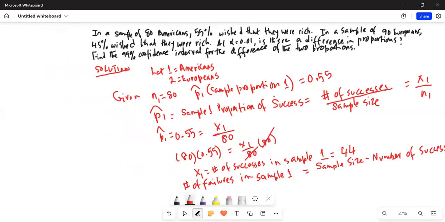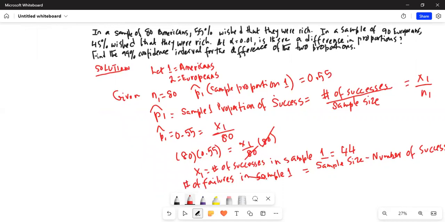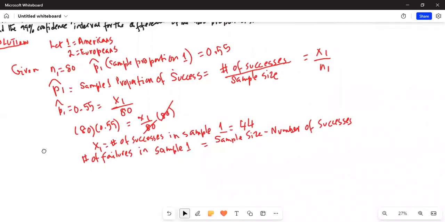Excuse me, I have to move this. So number of failures in sample 1 is 80 minus 44.